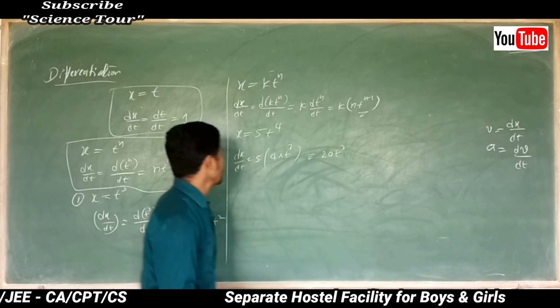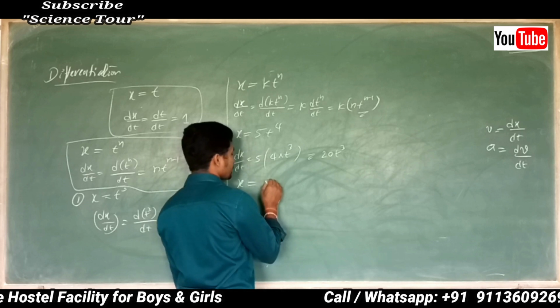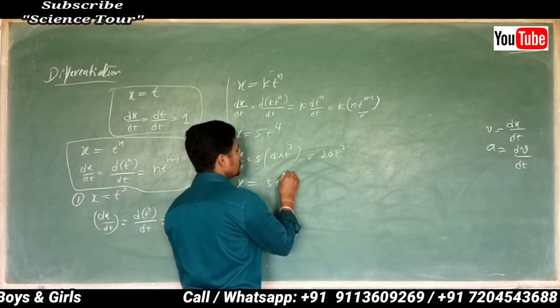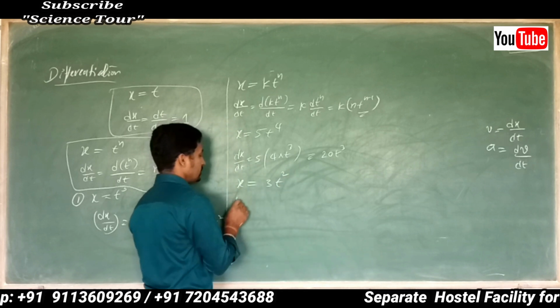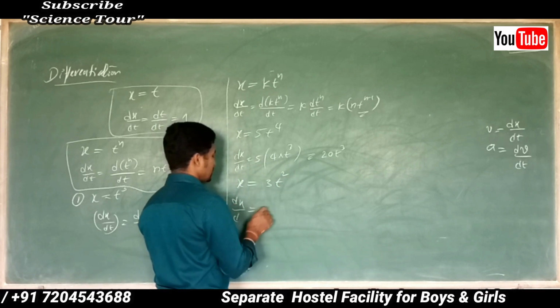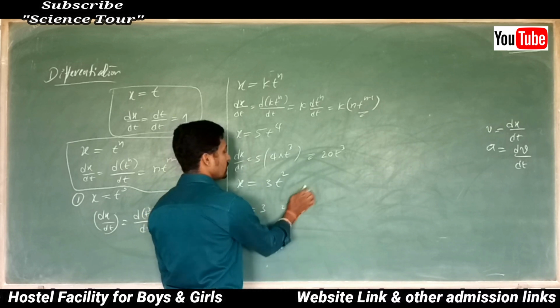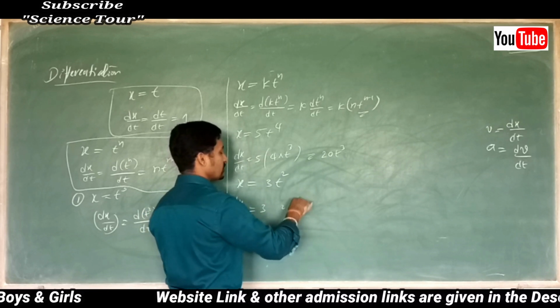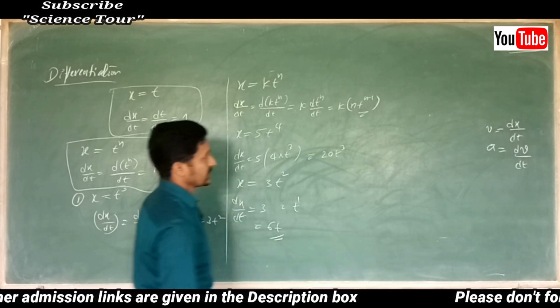Okay, now I can give one more example, that is 3t to the power 2. It will be dx by dt equal to 3 will be same only, 2 into t to the power 2 minus 1, which is 1. So 6t, like that it goes.